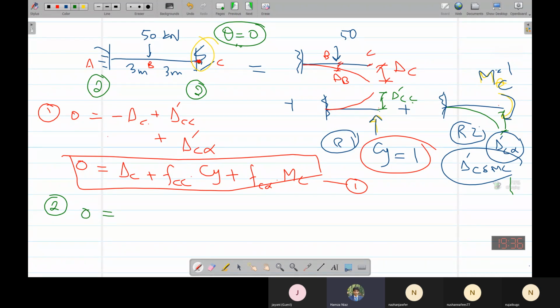Here we have 0, and here we can assume this is clockwise, theta C. This is counterclockwise. We can calculate minus theta dash CC, and here this is clockwise.